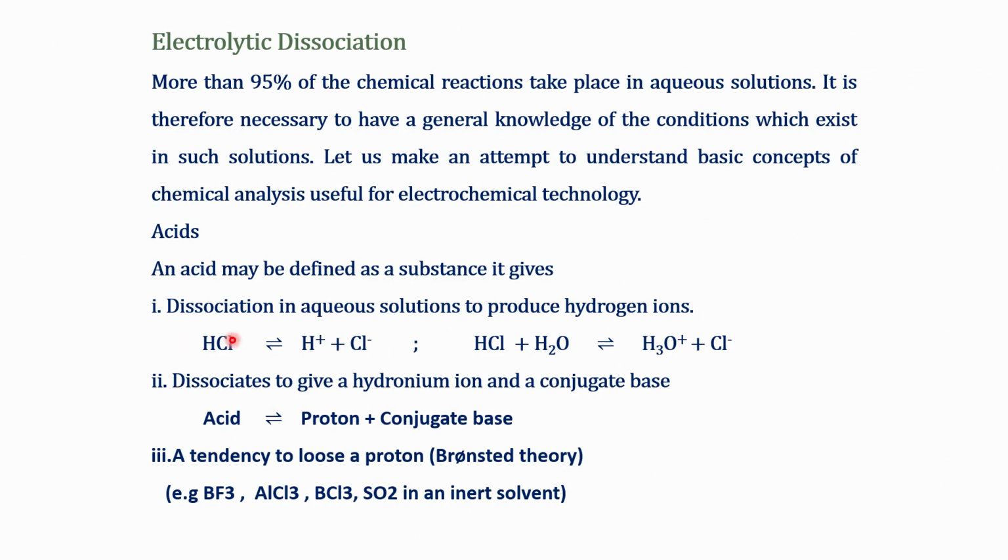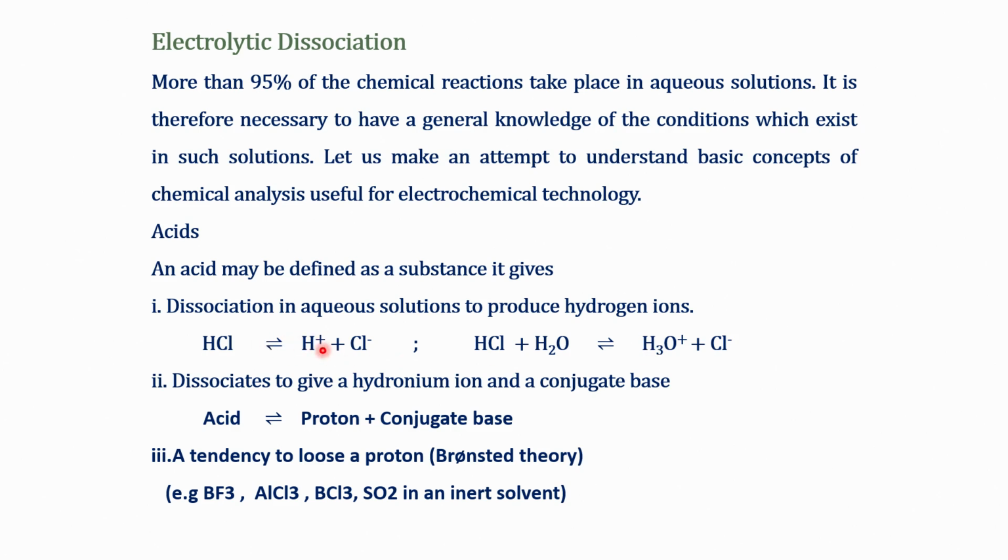So, an acid may be defined as hydrochloric acid or something like that. In aqueous solution, it will dissociate as H plus and Cl minus, but there are a lot of water molecules in HCl solutions, so this H plus will react with one more molecule of water to give you H3O plus, which has independent existence as an ion.